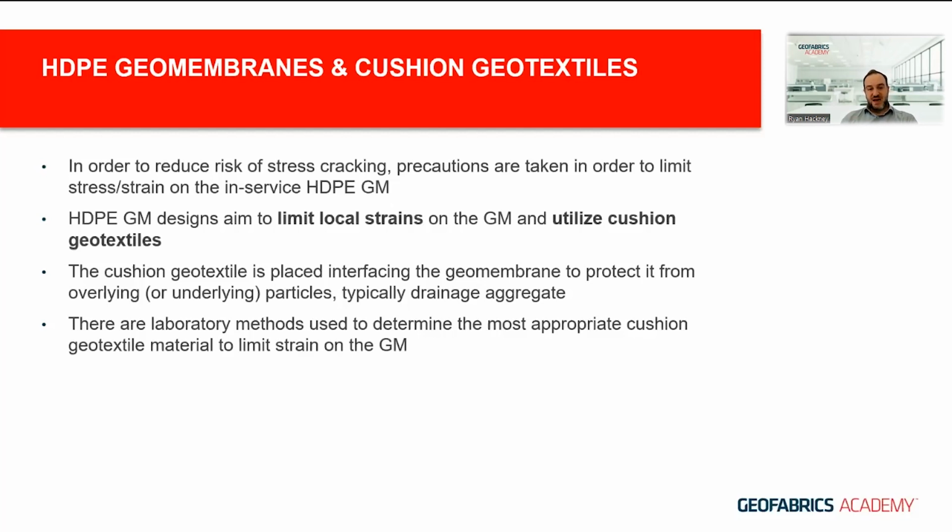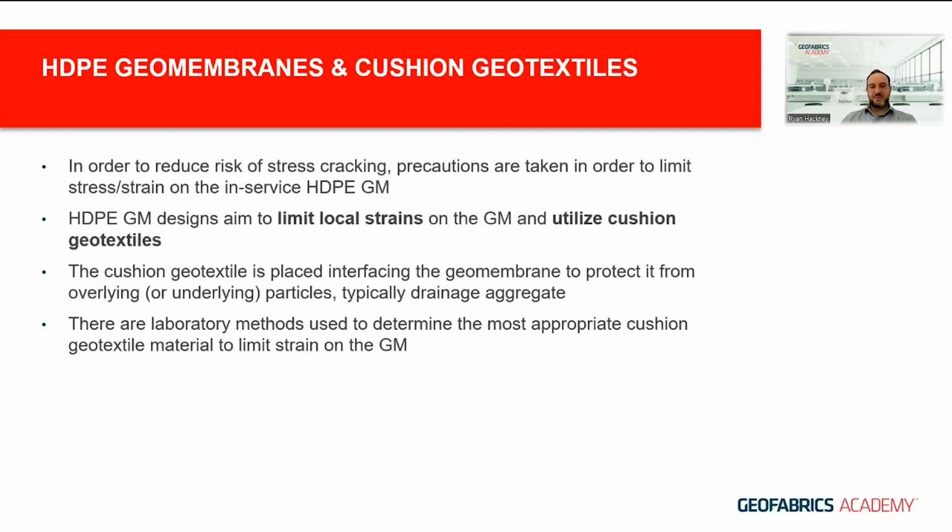So the cushion geotextile we saw in that cross section earlier, in that profile, is placed interfacing the geomembrane, and it protects it from overlying or sometimes even underlying particles that can cause point loads on the membrane.